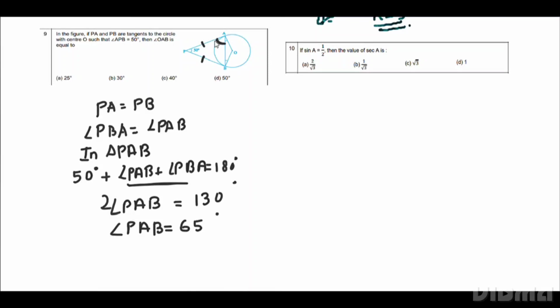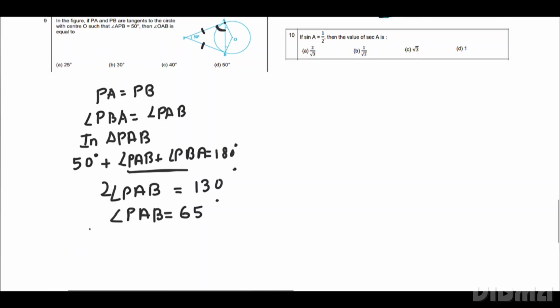And you know that this is my radius, and radius is perpendicular to the tangent at the point of contact. So this is my radius and this is my tangent. At the point of contact, that is at A, they will be perpendicular.